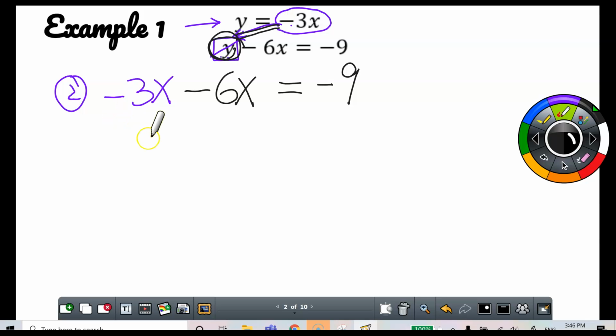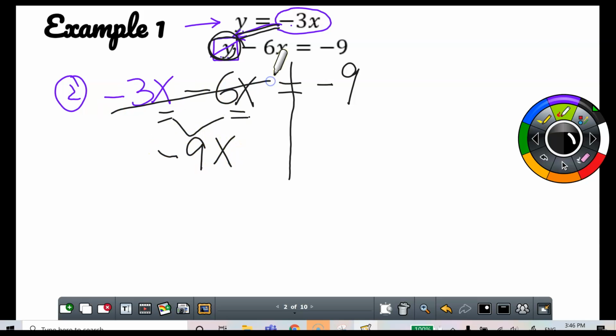Right? So now we have this new equation, and in the new equation we only have one variable, which is x. So we can keep solving for x. How are we going to solve it? On the same side of the equation, you see negative 3x and negative 6x. So combine like terms by adding up the numbers in front. Negative 3 plus negative 6 gives you negative 9x.